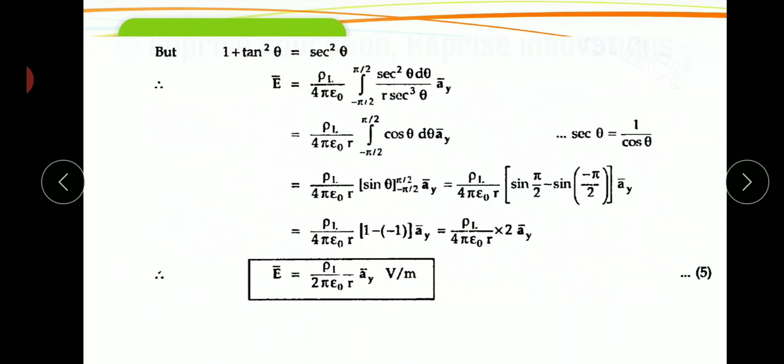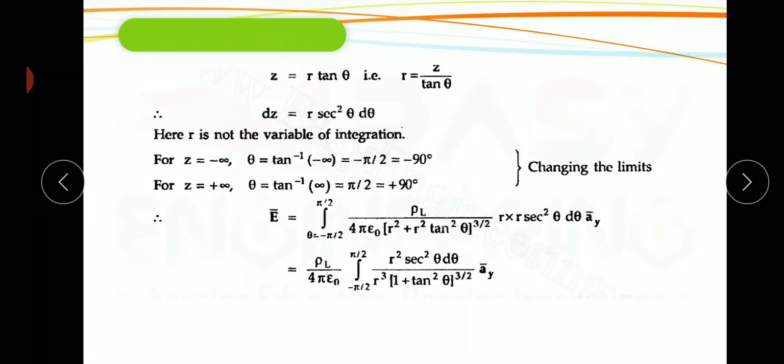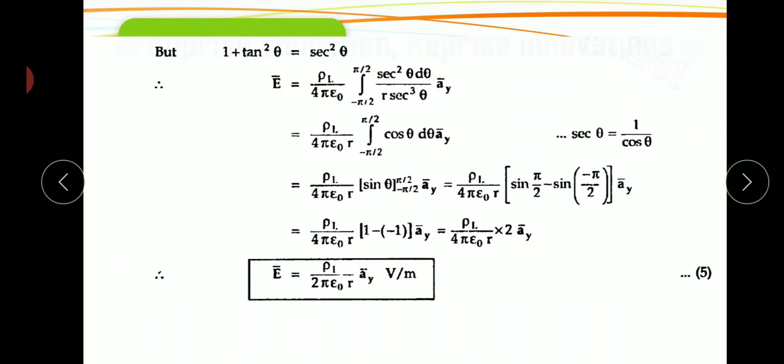But we have to know that 1 plus tan square theta is equal to secant square theta. So here, by cancellation of r square with r cube, in the denominator there is only one r, and above there is secant square theta and d theta.